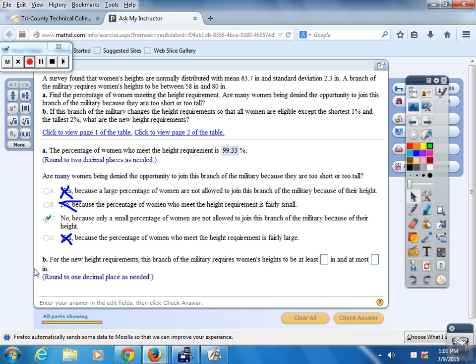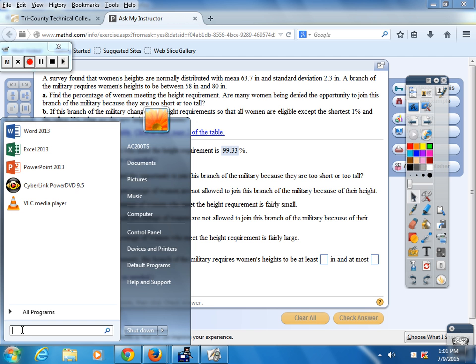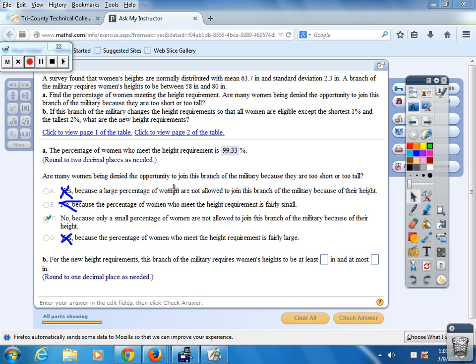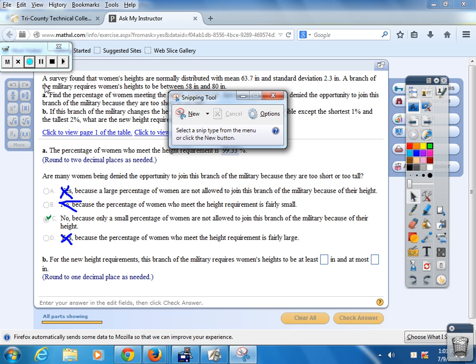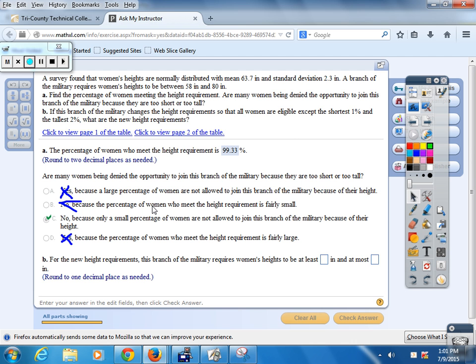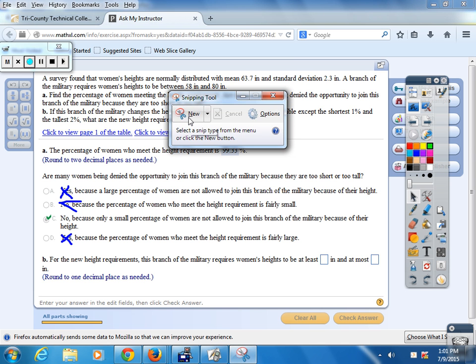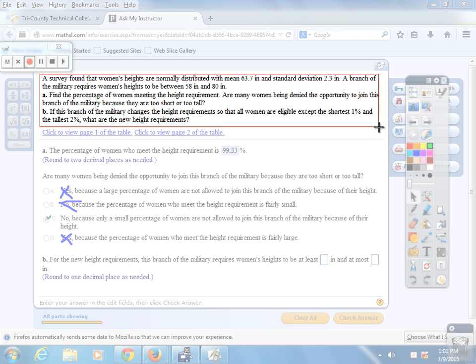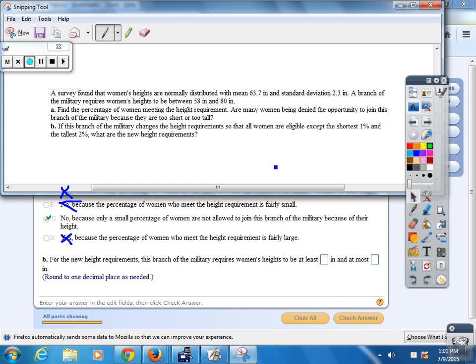Well, I'll tell you what, let me just do this. Let me just take the tool. I hate that I don't know what it's called, but there it is. And we'll just take our handy dandy tool and take this out. Save.